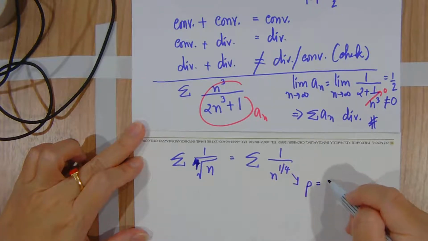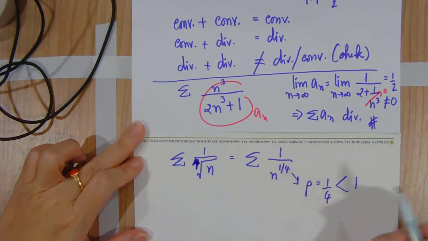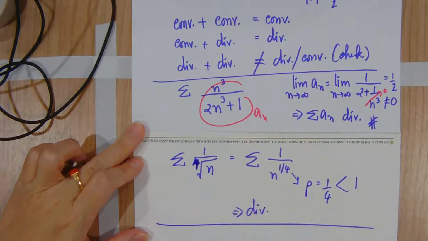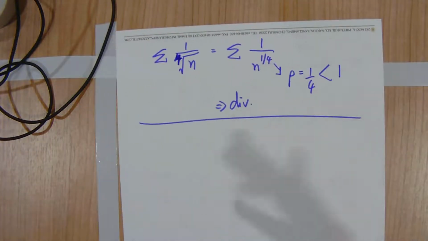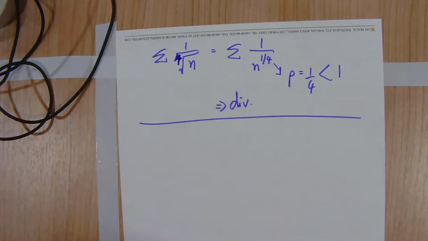P is a quarter, which is less than 1. Then we can conclude that this series diverges. So you can refer to the P series to answer converge or diverge. The reason is only one sentence.